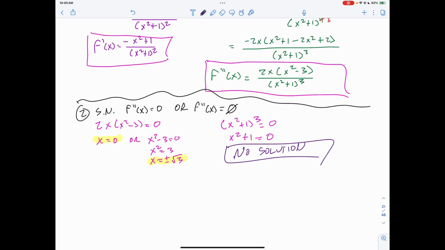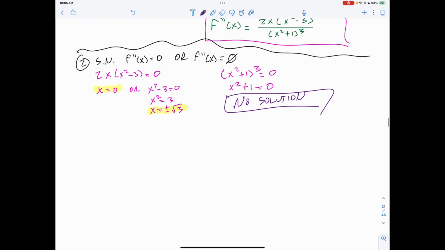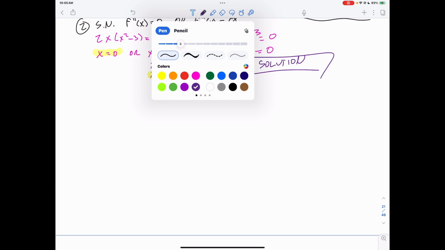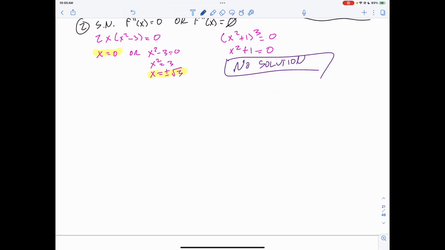So the does not exist, or pulling from the denominator, doesn't work. So now I have the 3 significant numbers: x is equal to negative root 3, x is equal to 0, x is equal to positive root 3.